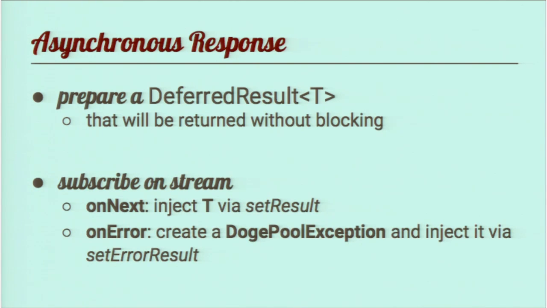And if there is an error, the corresponding mapping is to notify Spring of the error by calling setErrorResult on the DeferredResult. So this is a pretty much one-to-one mapping that you can do between RxJava and Spring.